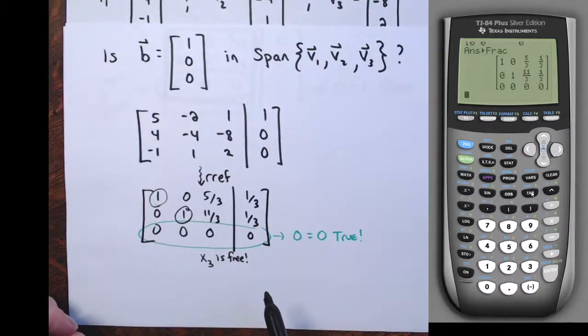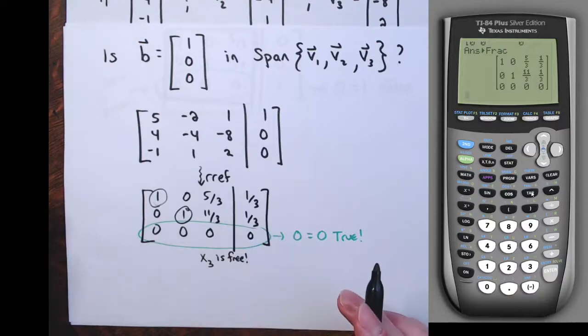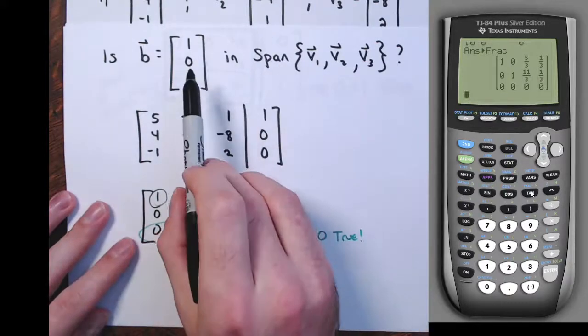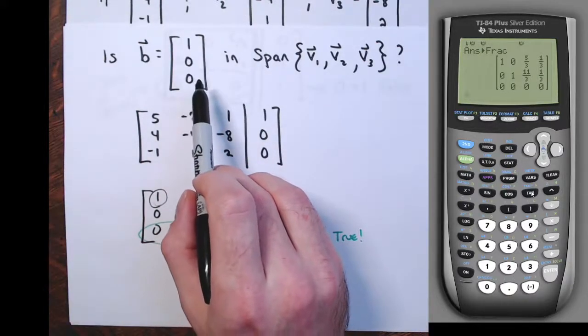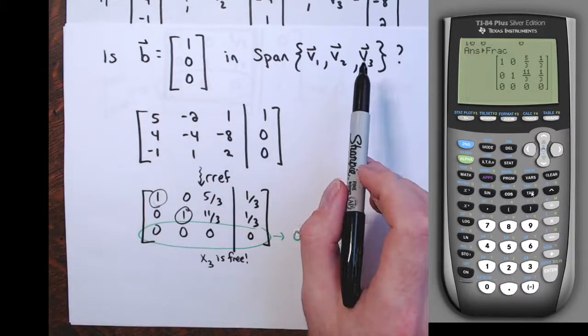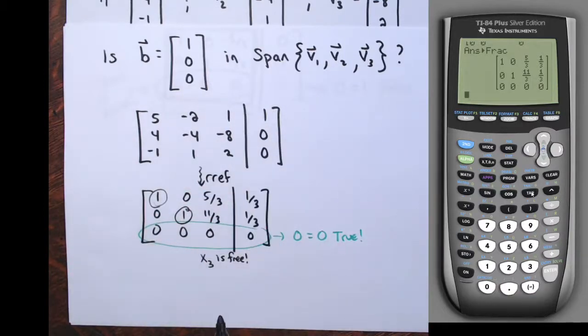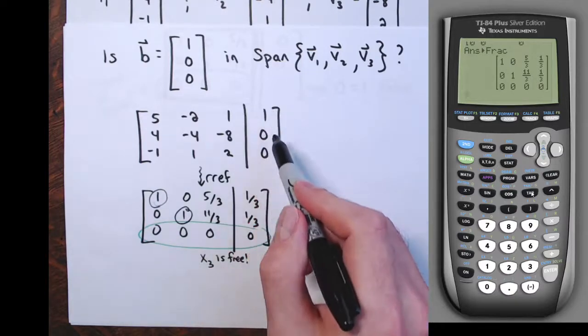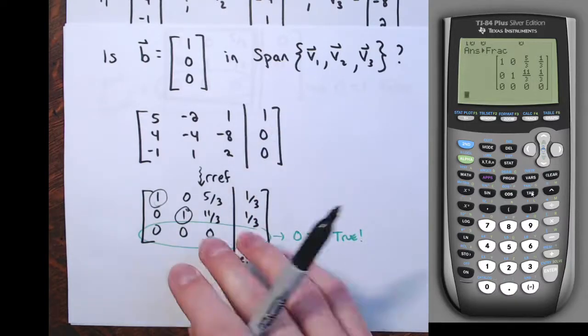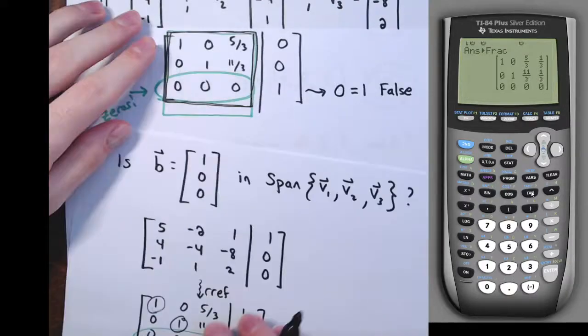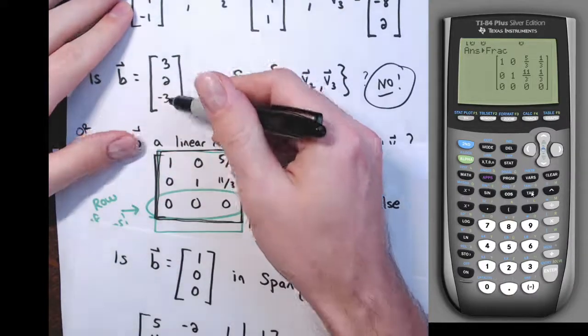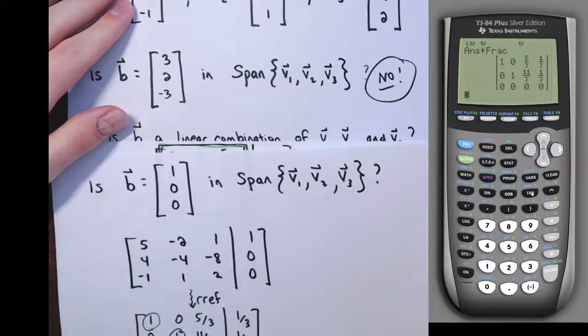So remember, that means not only can I write 1, 0, 0 as a linear combination of these 3 vectors, I can write it in infinitely many ways. This system with the vector 1, 0, 0 on this side has infinitely many solutions, whereas when it was 3, 2, negative 3, it had no solution. Right.